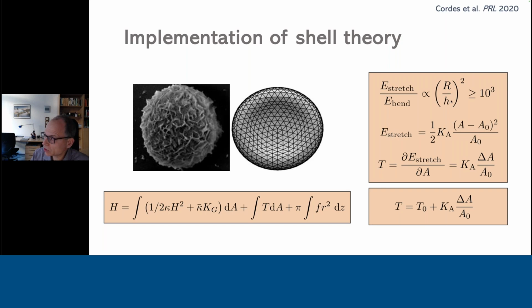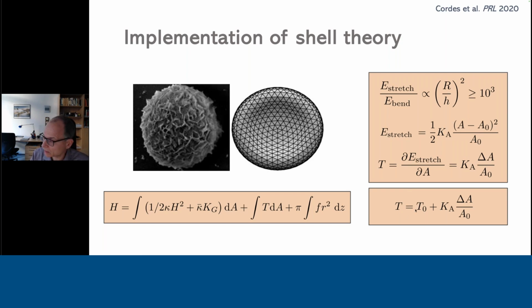Since the thickness of the shell is way smaller than the radius, and this is squared, we get a value of 1000. That means that the stretching term dominates over the bending term, so we can neglect the first term. Everything is now lumped into what is called the tension.